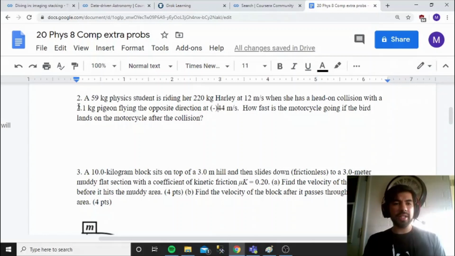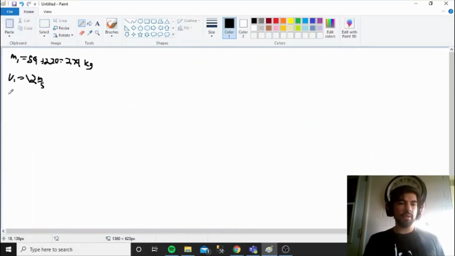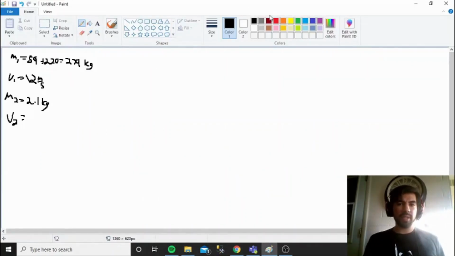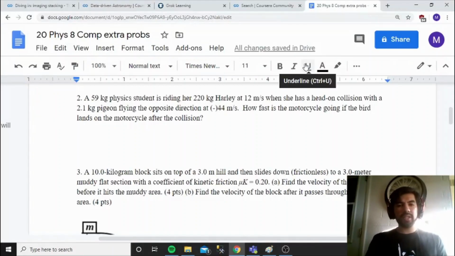And then the bird is 2.1 kilograms, and the velocity, I think, is negative 44. Let's check one time. Negative 44, correct. So this would be negative 44 meters per second. Now these are my knowns, and we're trying to find essentially the velocity of all of them. Again, the girl's still on the bike.